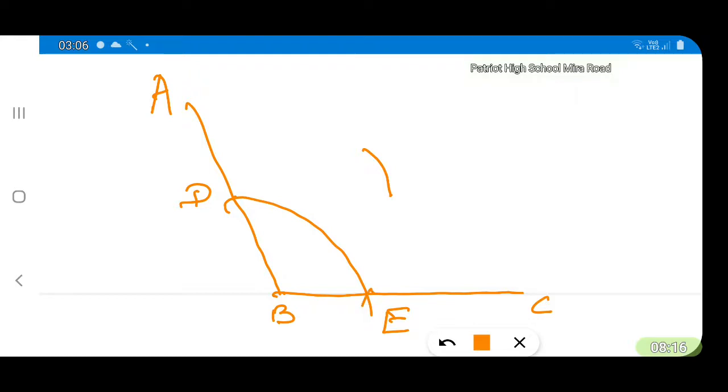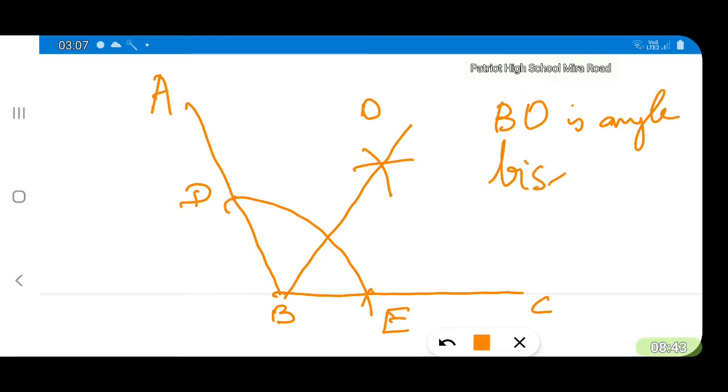With E as a center, again you draw an arc cutting the earlier arc in point O. Join BO. Your BO will be the bisector of the angle ABC. So you are making use of a compass and a scale: compass to draw the arcs and scale to draw BO.